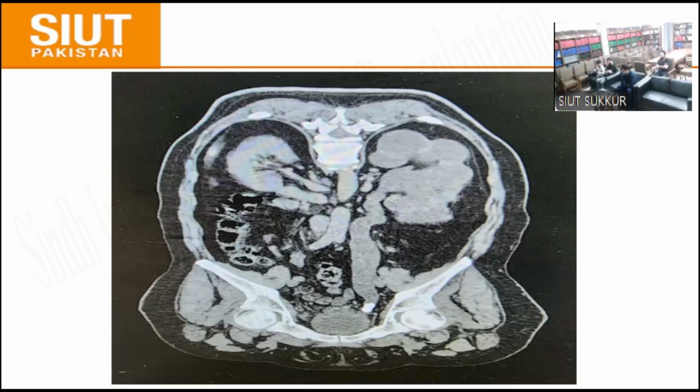Which is most likely? So there is no cyst in this kidney. Grossly hydronephrotic kidney with hydroureter. We can appreciate a tortuous ureter and parenchymal thinning or paper thin cortex. So Sayad, proceed. Okay, sir.